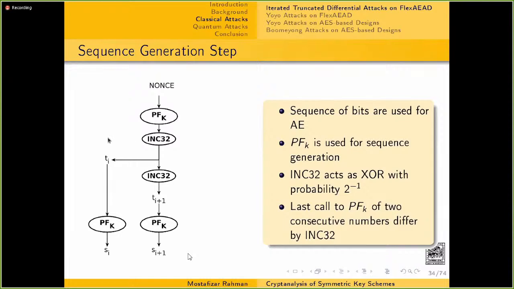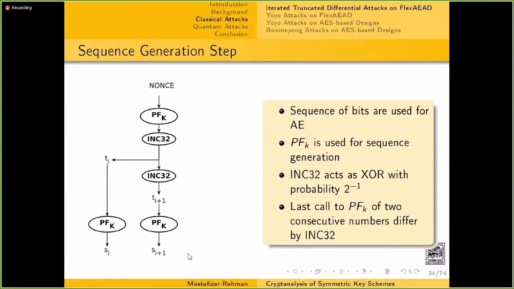And then you can see here there is a TI and TI plus 1. So these are the sequences for each round, and the difference between these TIs is only that they differ by the inc32 operation.